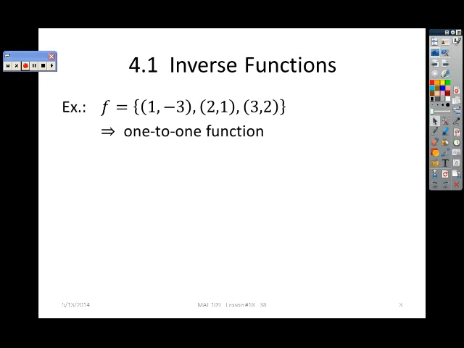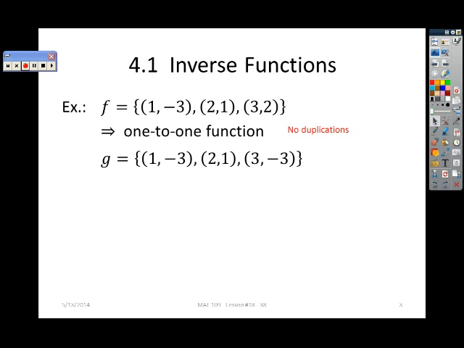And just like when you're deciding if it's a function, if you have a repeated second element, the only way it can be one-to-one is if the first elements are repeated. So this would only be a one-to-one function if both of these were either 1 and -3 or both of them were 3 and -3.